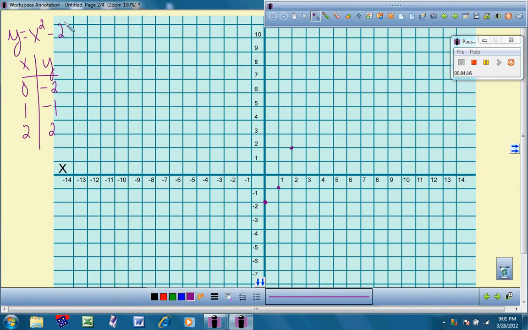If we go back and look at our function, we can see that it is a quadratic equation. So I should be getting some sort of parabola, hopefully going in the upwards direction because my a value is positive. And it looks like my axis of symmetry is going to go right down the y-axis.